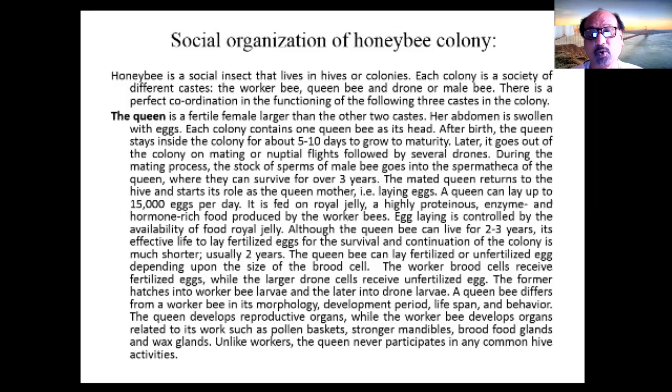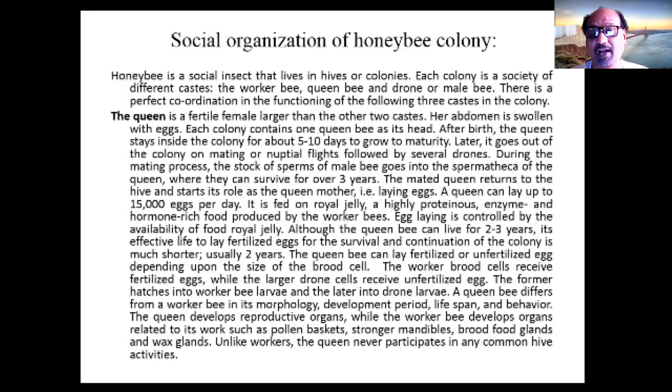Egg laying is controlled by the availability of food, the royal jelly. Although the queen bee can live for 2 to 3 years, its effective life to lay fertilized eggs for the survival and continuation of the colony is much shorter, usually 2 years.